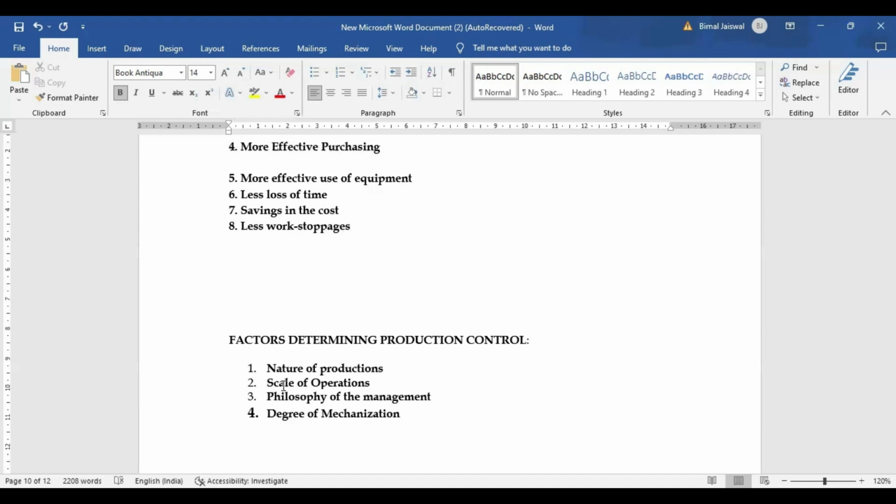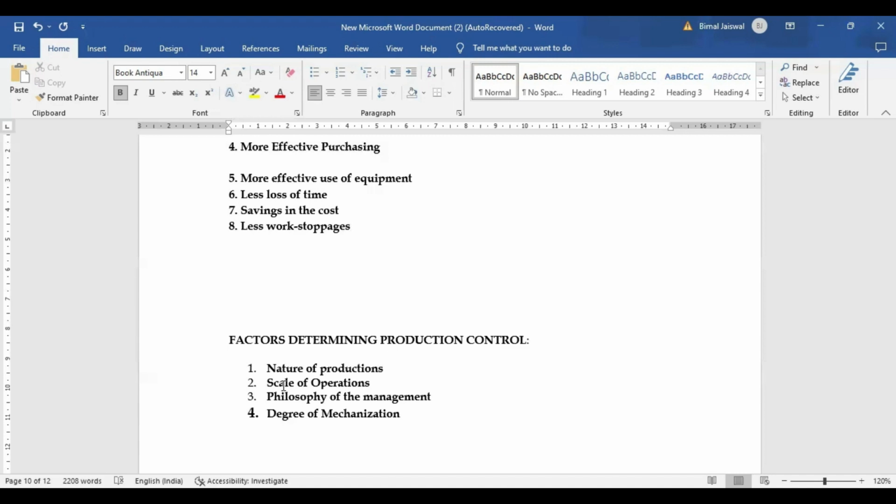When the production is done on a large quantity basis, automatically certain hindrance will be there, certain delays will be there, certain compromises will be there, and we have to keep a record on each and every aspect. But when we divide the large operation into a number of other divisions, automatically the check can be made.